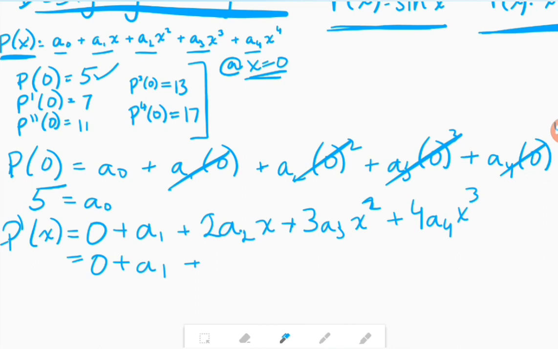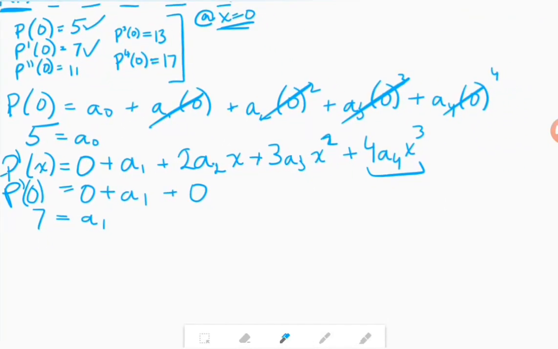So the 0 in there is just going to make everything 0, and everything over here is going to be 0 as well. So p prime of 0 is going to be equal to a sub 1. And we were given that p prime of 0 is equal to 7, so 7 is equal to a sub 1.